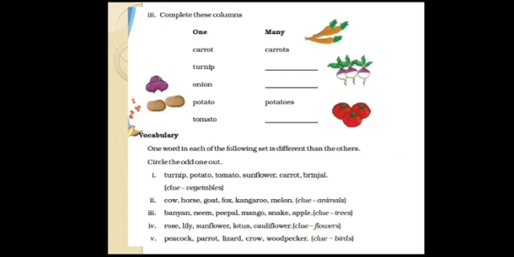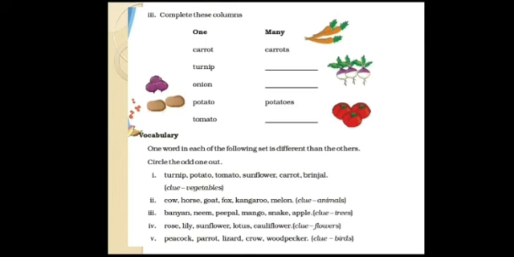So first group of words is turnip, potato, tomato, sunflower, carrot, brinjal. So clue is given to you. Clue is vegetables. So you have to find one word which is not a vegetable. Yes, it is sunflower.